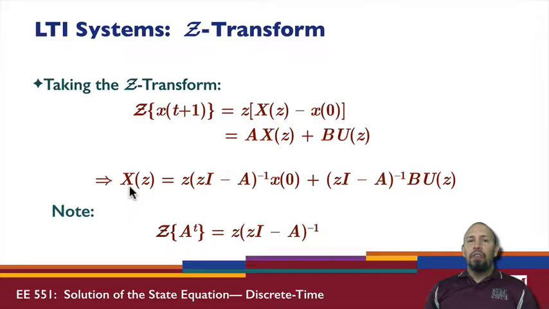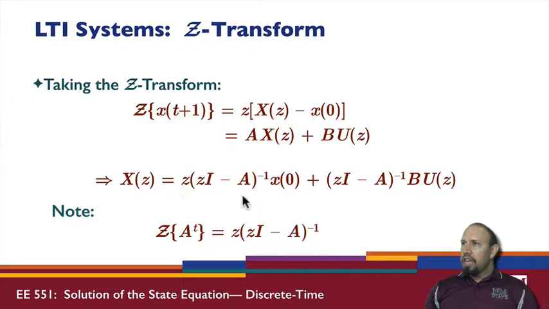If I take the inverse Z transform of this expression, and if I assume 0 input, that is, if I'm only looking at this term, this is the natural response of my system. This is the forced response of my system. And now I have it in the Z domain.